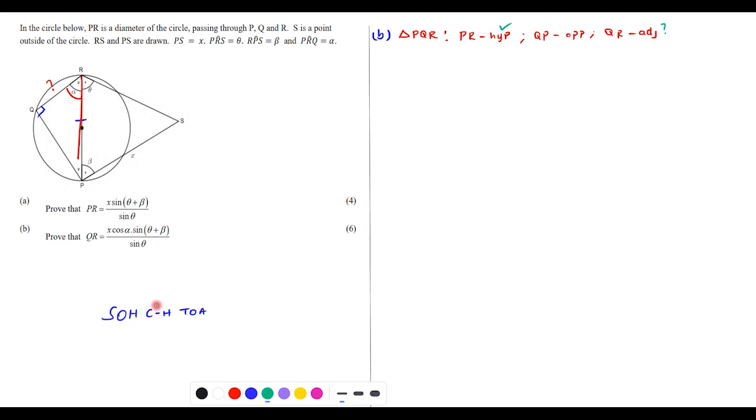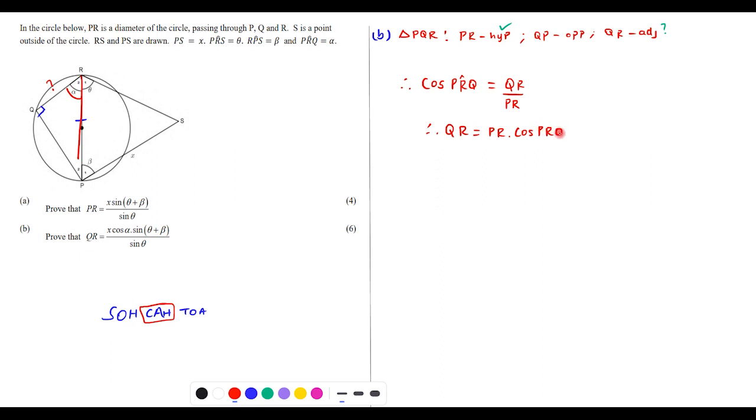So I will say cos PRQ, because that's alpha, equals adjacent QR over hypotenuse, which is PR. From here I get QR as PR times cos PRQ.